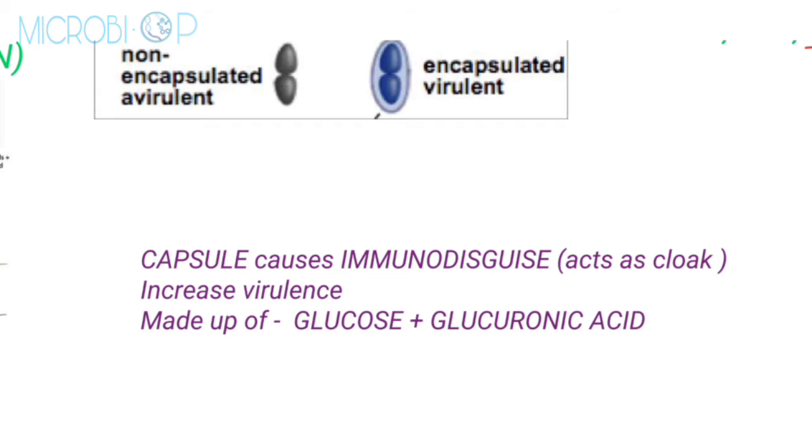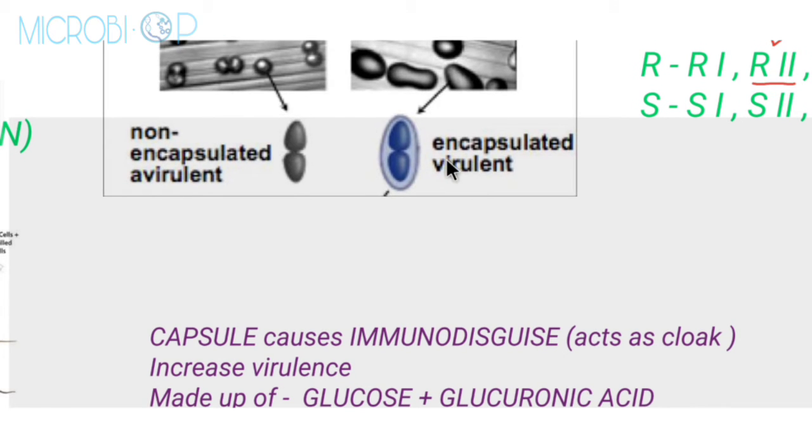The capsule causes immunodisguise. What is immunodisguise? It acts as a cloak, a protection for the organism. The Diplococcus hides under the capsule and the immune system doesn't recognize whether an infection has been caused by Diplococcus or not.